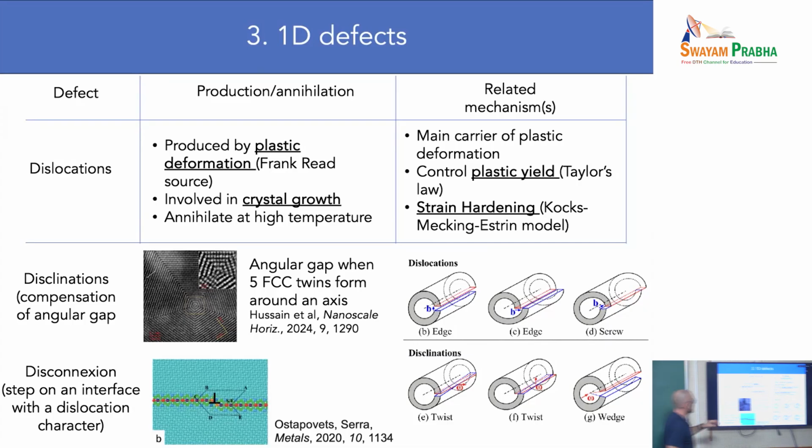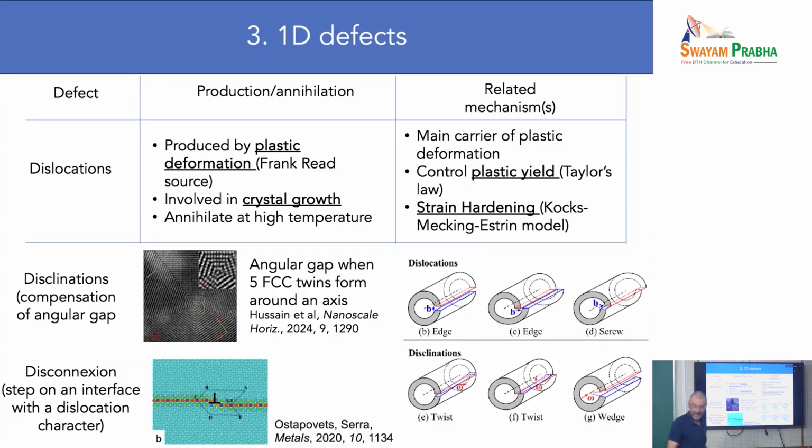So dislocations, as shown here, accommodate a localized shear in the structure, in the crystal. Now, there are other types of line defects. In particular, you have disclinations, which accommodate not a shear deformation, but an opening.